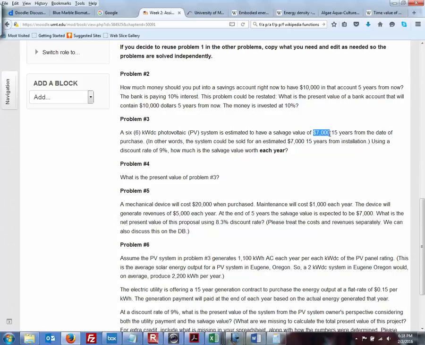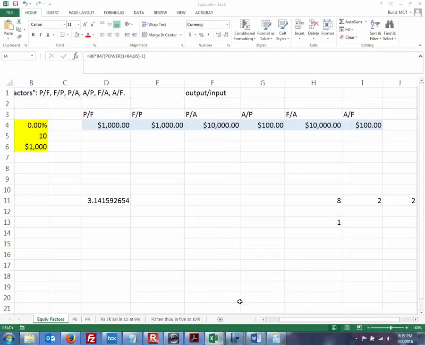So basically, once you get your table built, you should be able to copy it over to a different tab. Yes, exactly.